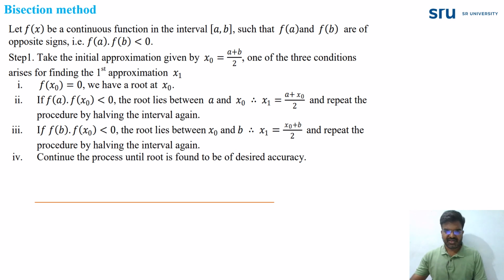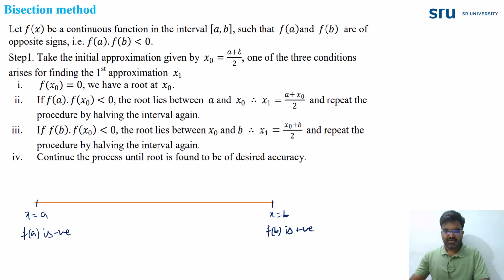Suppose the function is negative at a, so f of a is negative, and at b the function is positive. The function has opposite signs at a and b, so there exists a root of the function between a and b.